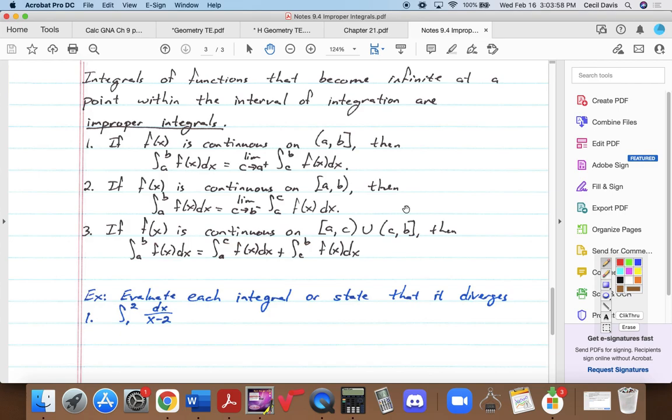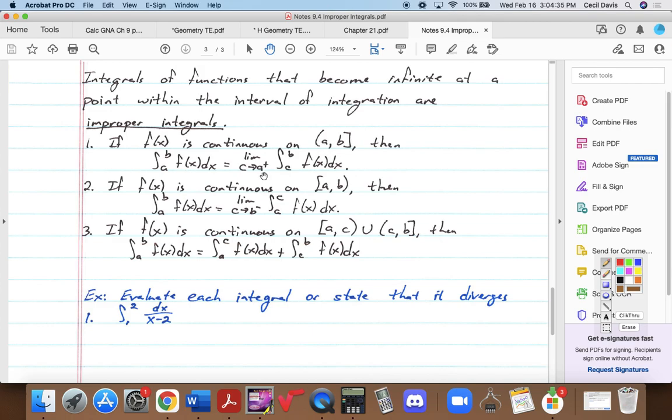All right, so the other way that we can have improper integrals is you can have integrals of functions that become infinite at a point within the interval of integration. For example, if at one of these points our integrand becomes infinite, we can rewrite the integral from a to b of f of x dx as the limit as c goes to a from the right.